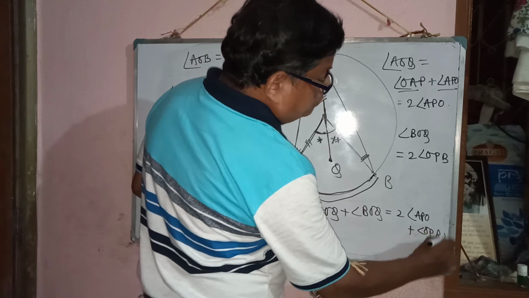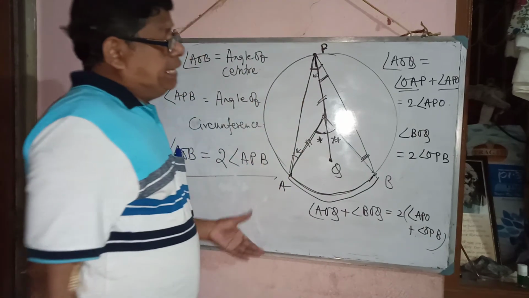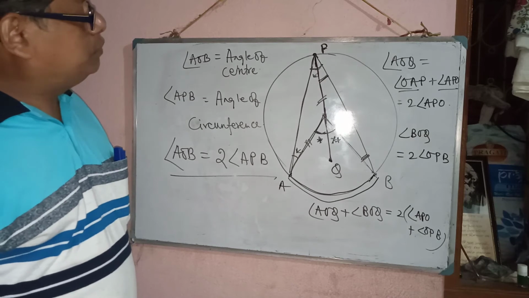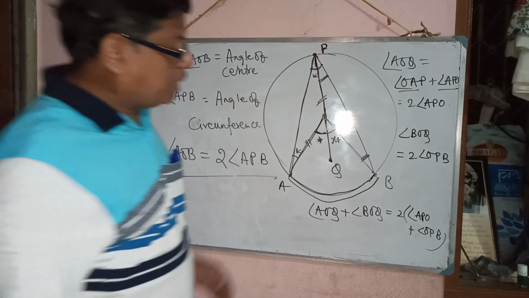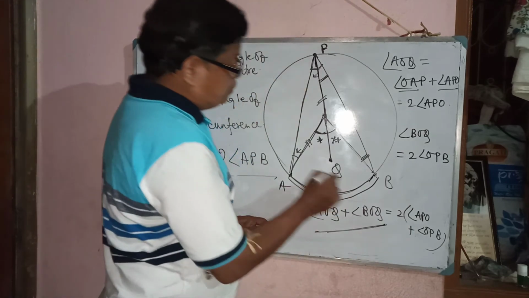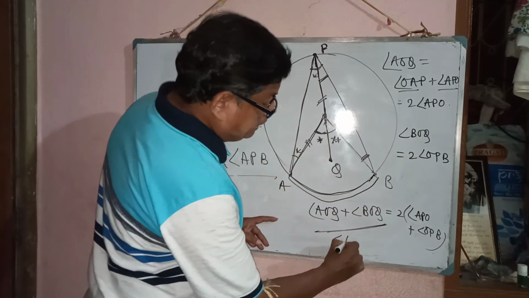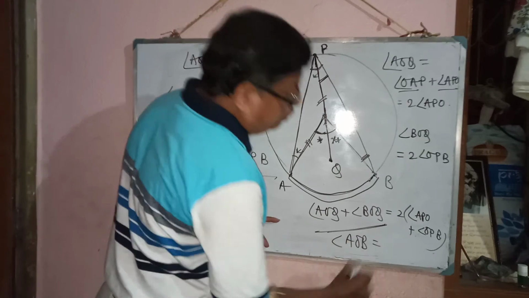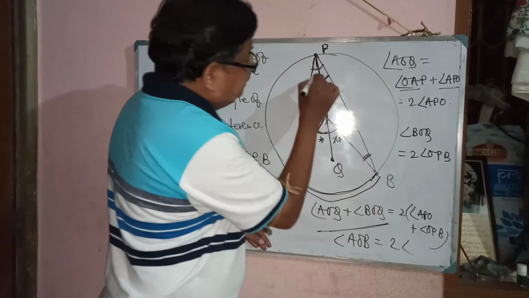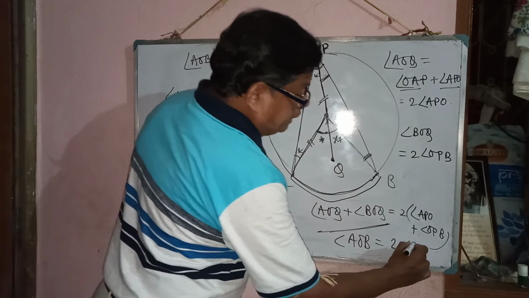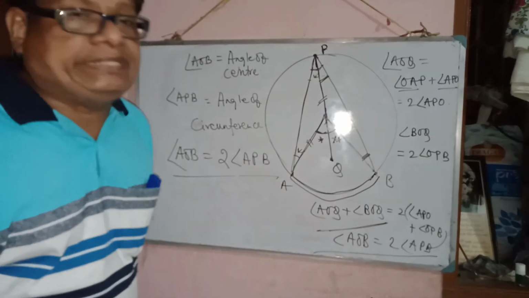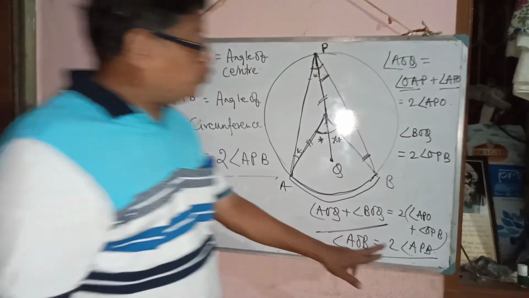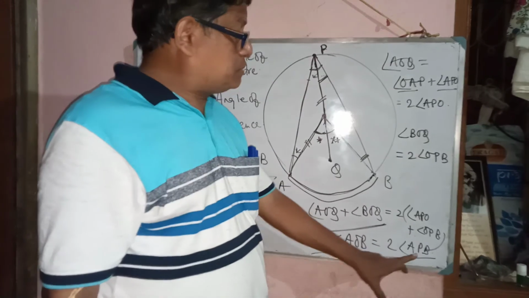Now the sum of these two angles is APB, and AOB equals twice of APB. So the angle at the center equals 2 into the angle at the circumference.